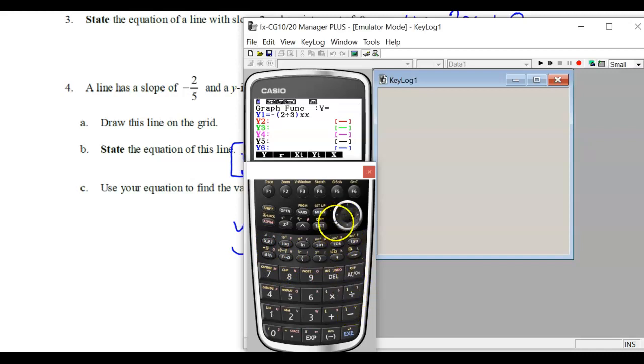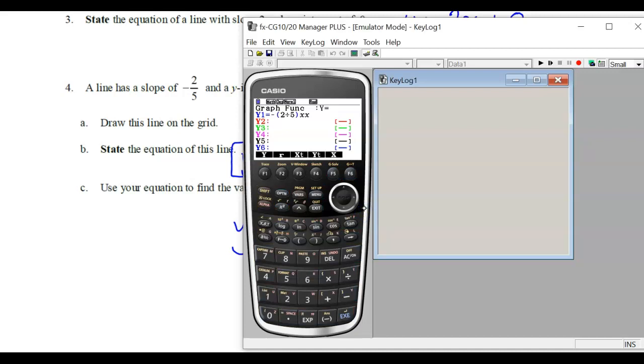Oh, is it 5? Yeah, sorry, 5. So 2 divide 5, then delete the 3, and then plus 3. Okay, execute on that.